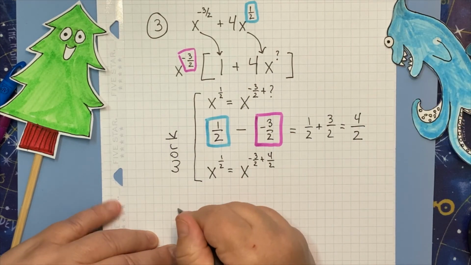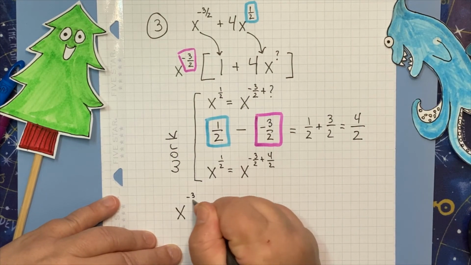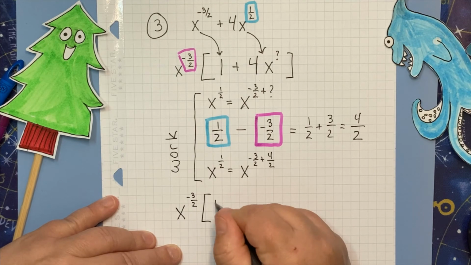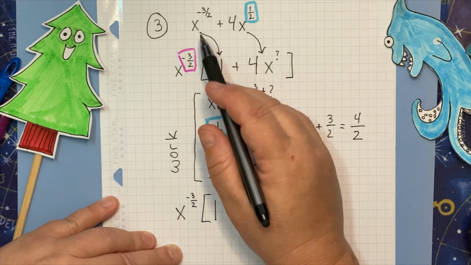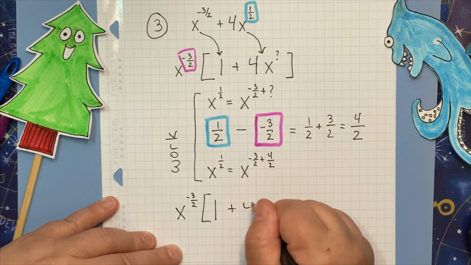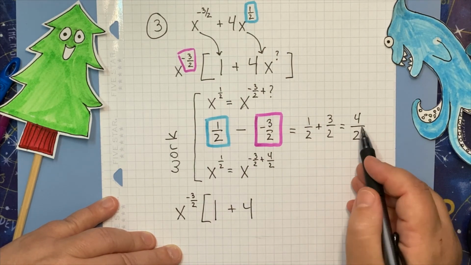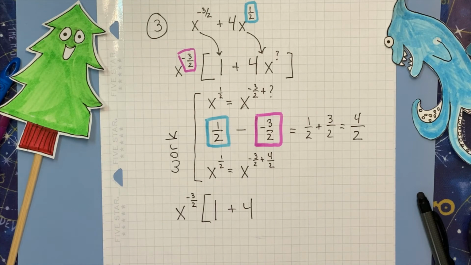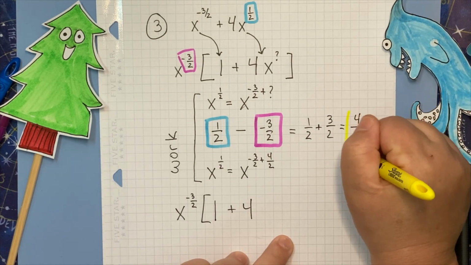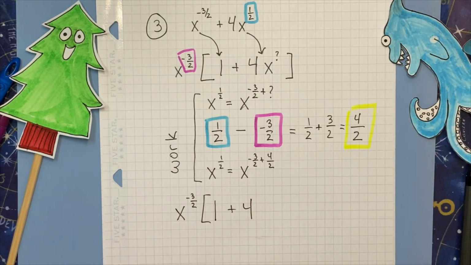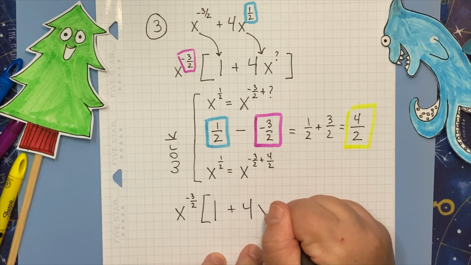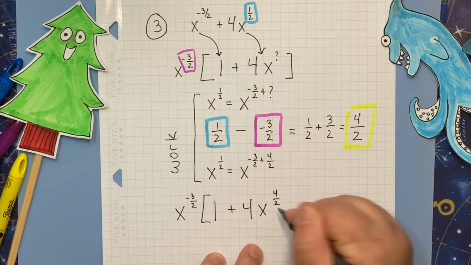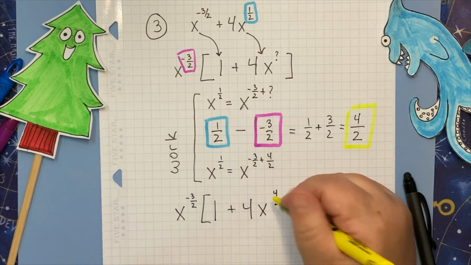So then I've got x to the negative 3/2 times 1 to get the original, just that plain old guy, plus 4. And then I get this new exponent 4/2.